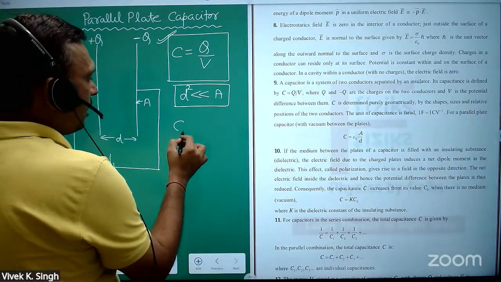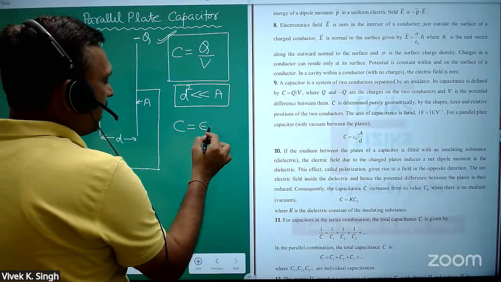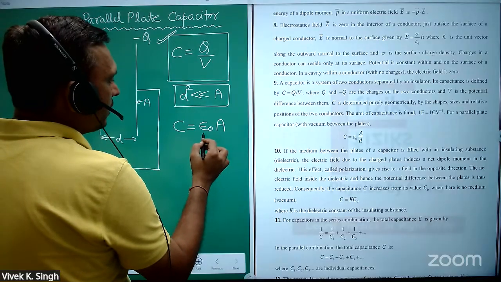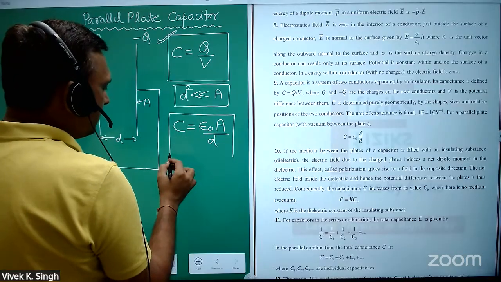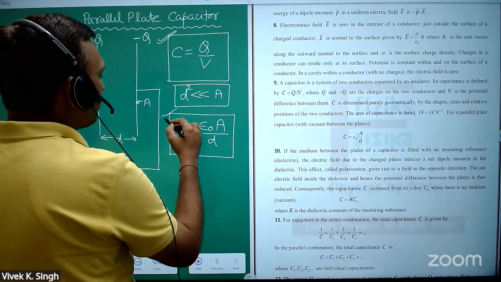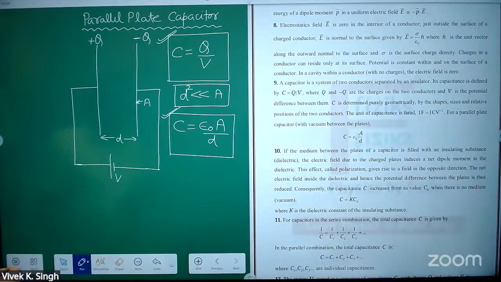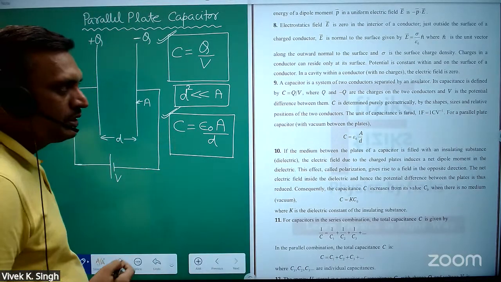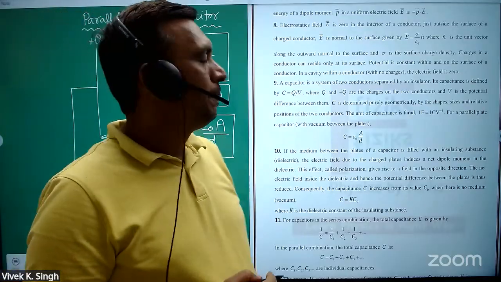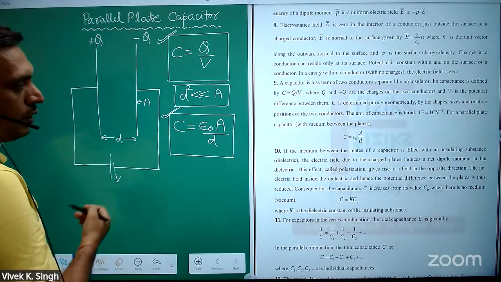For a parallel plate capacitor, this value is given by epsilon naught A by d. I'm just giving you the result that you have to remember. Questions may be asked based on the capacitance, and the unit of capacitance is farad. Epsilon naught is the permittivity of free space.